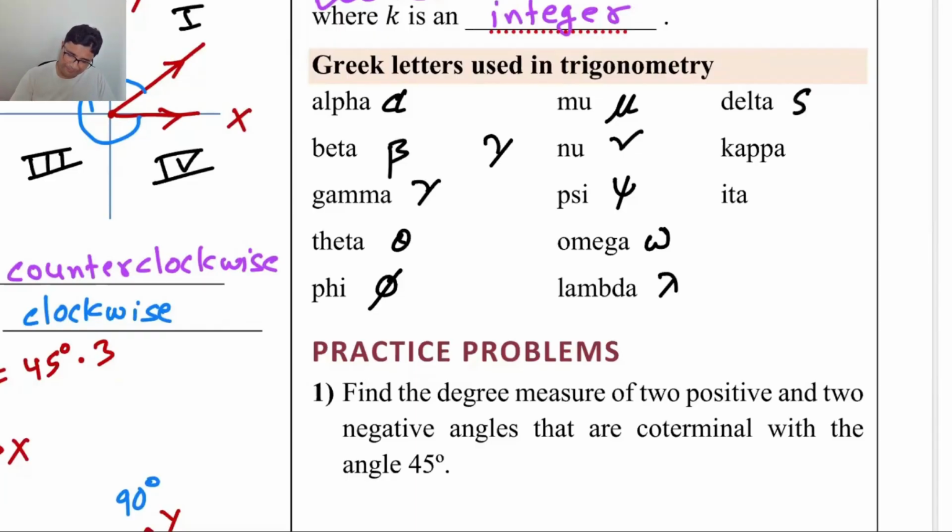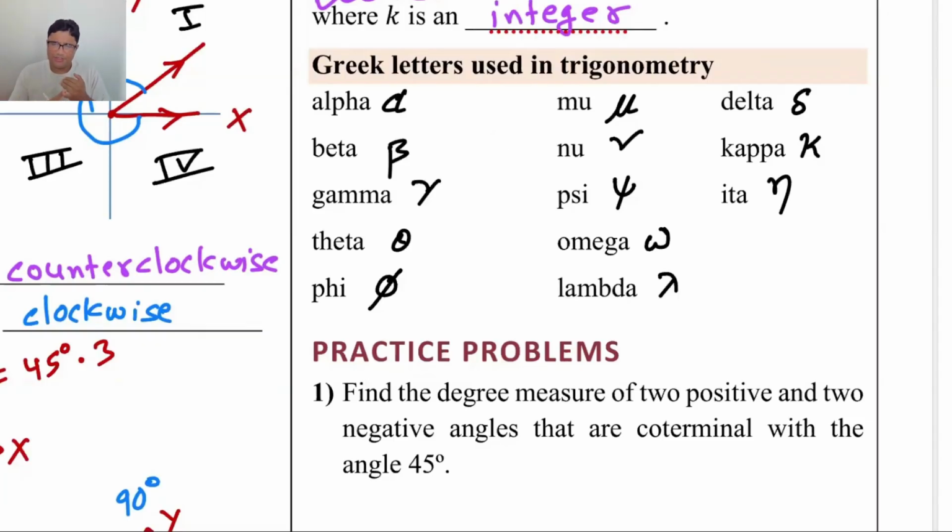Delta. You can say it's a precursor to D. Kappa is the precursor to K. Eta looks like N, but with a longer N there. And there are more, not that we are going to use all of them all the time.